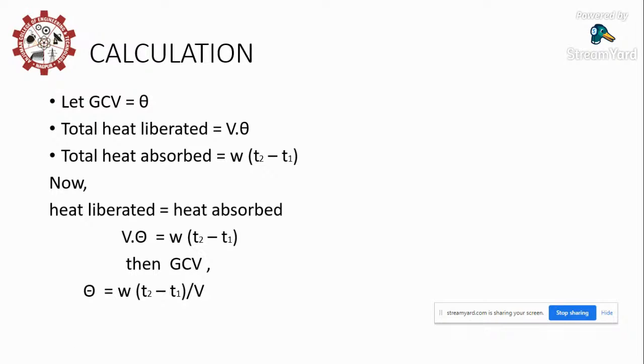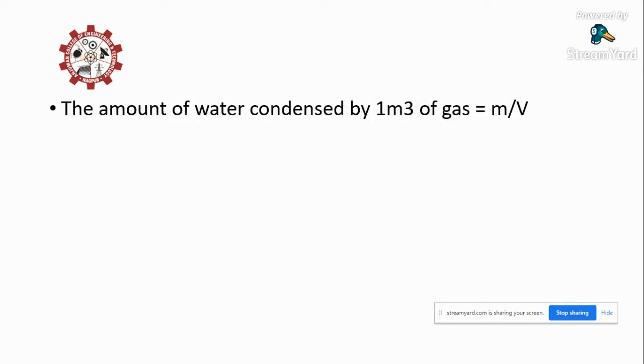Okay. Fine. So we have found out what is GCV now. अब GCV तो हमने पता कर ही लिया है, अभी हमें पता करना है NCV कैसे निकालते हैं. Okay. So we know the amount of water which has been condensed by 1 cubic meter of gas is M upon V. ठीक है.